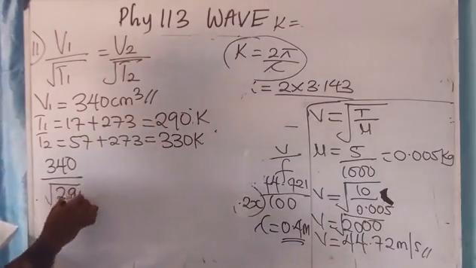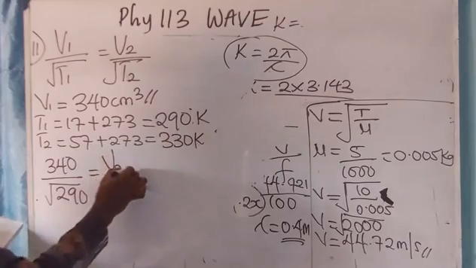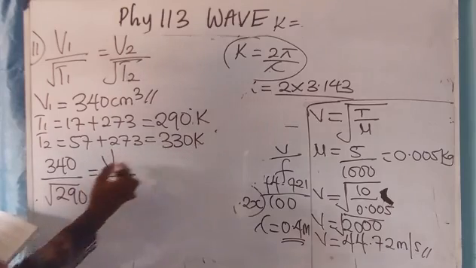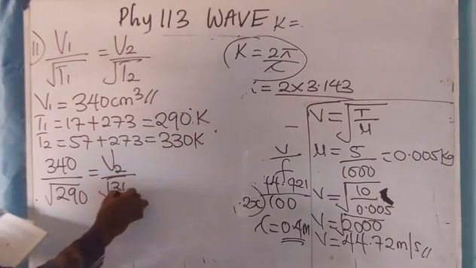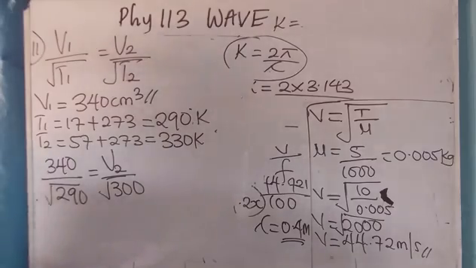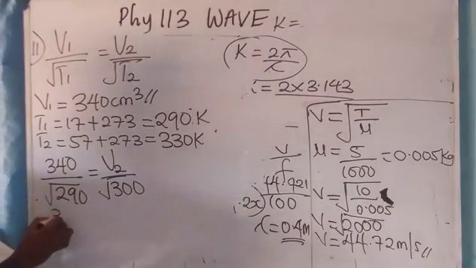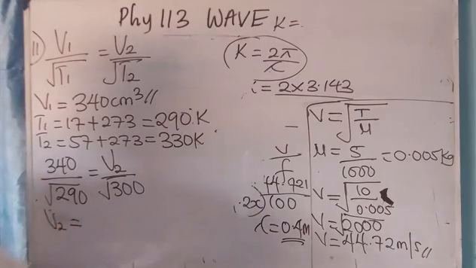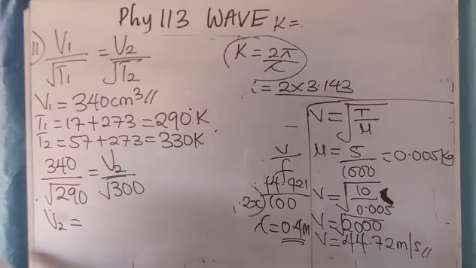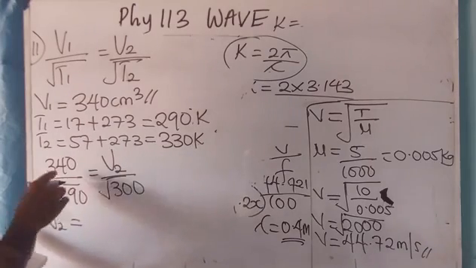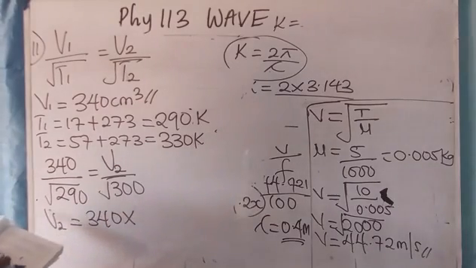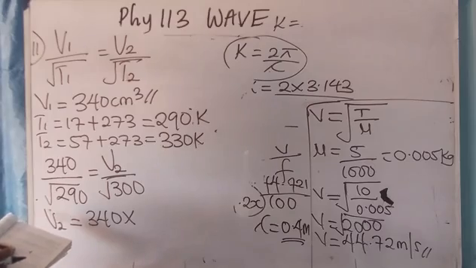So the square root of 290 equals V2, which is what we are looking for, over the square root of 330 Kelvin. So V2 now equals the square root of 290, you say 340 times the square root of 330.